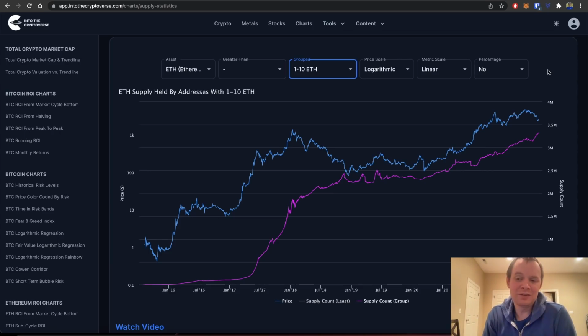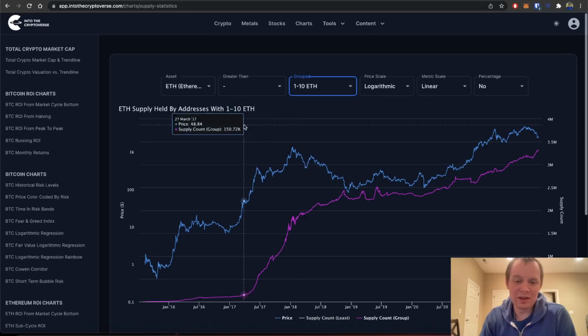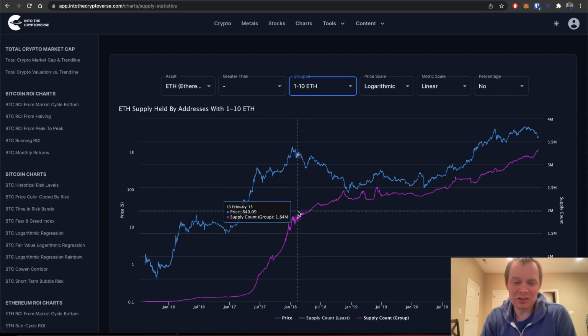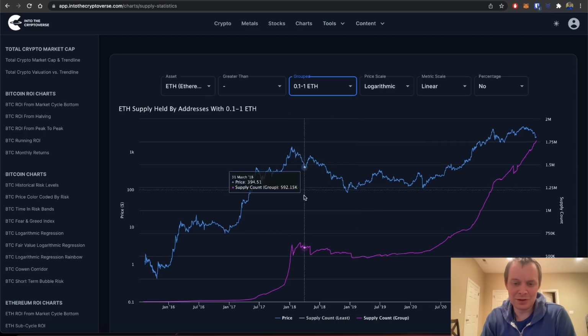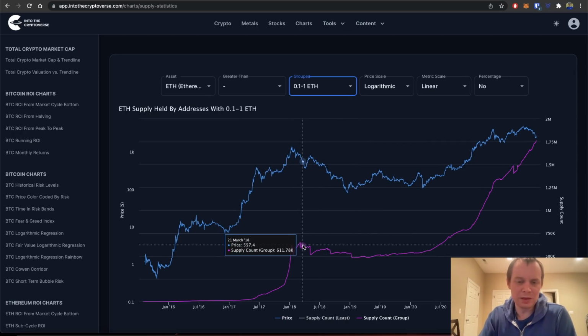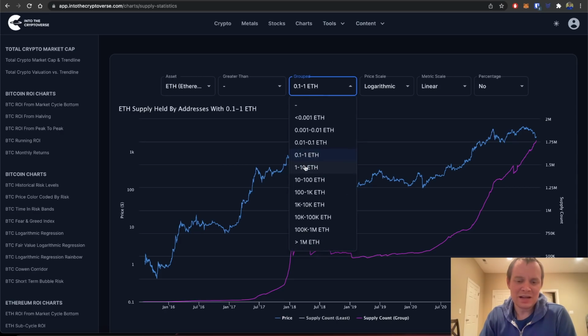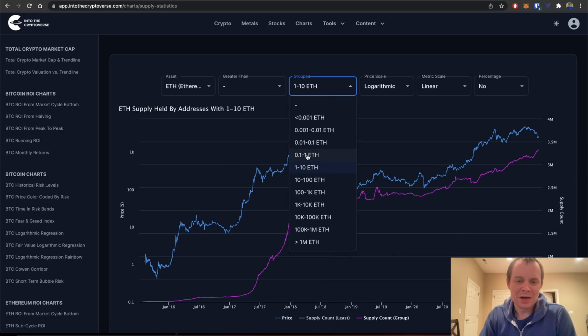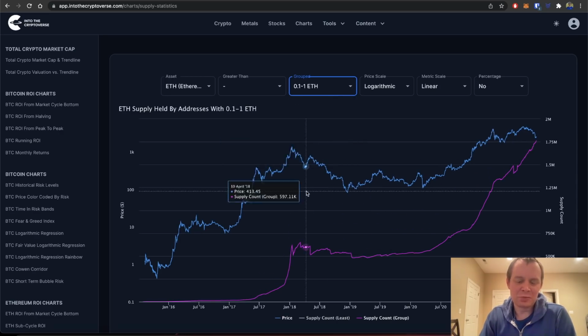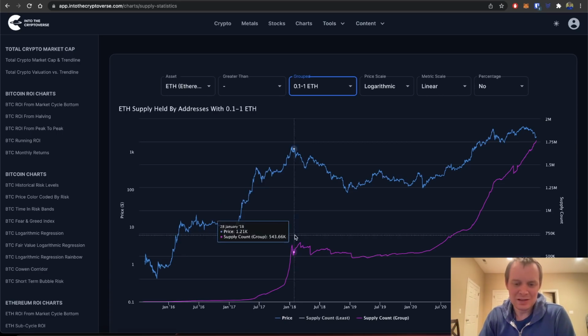Are there any useful trends there? Well, one of the things you'll note is that it did actually steadily increase going into the bear market. And so it is possible that part of the reason this flatlined is because there were people accumulating and then they made it from this category to the next one, and perhaps because it was a bear market, there just weren't a lot of new interest from, say, new market participants, so that's why it flatlined.